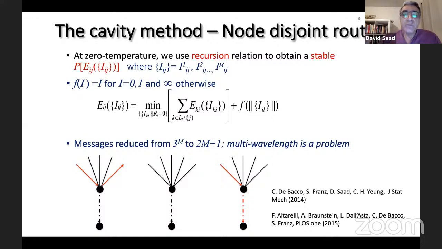Usually, message passing is represented as probabilities, conditional probabilities, but at the zero temperature level, we can map it into a minimization problem on some energies or localized energies. And I mentioned before that we are talking about iteratively updating these variables, which are actually something like a logarithm of a conditional probability.